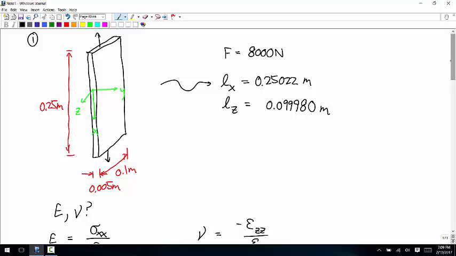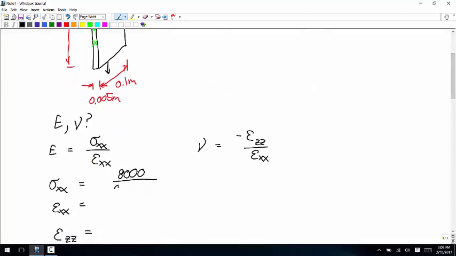In this whole class, when we talk about an area or a volume, we're always going to use the original one because we're assuming such small deformations that it's not worth the trouble of using the deformed. It would be just a tiny fraction of difference. And so, yeah, we're going to use the original.